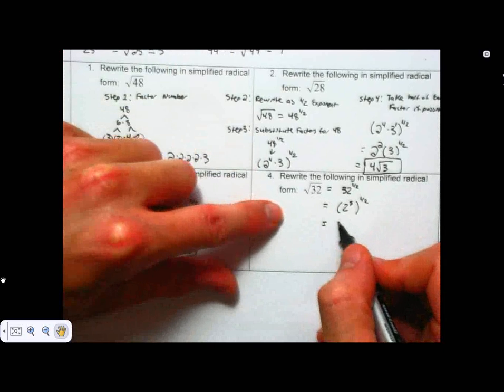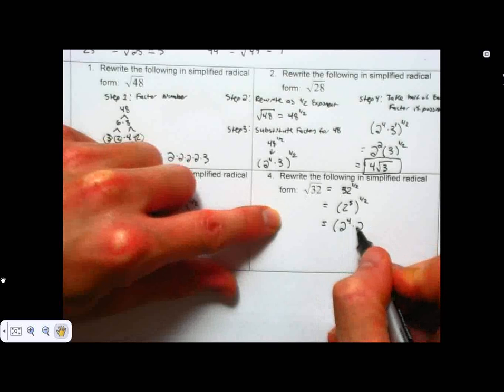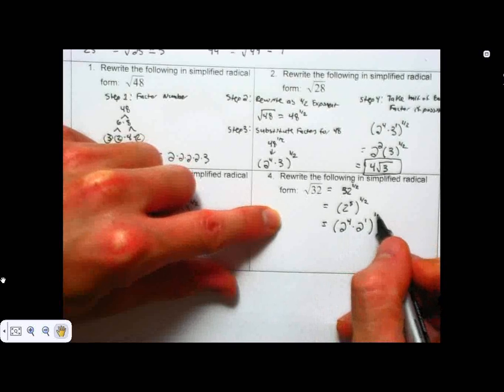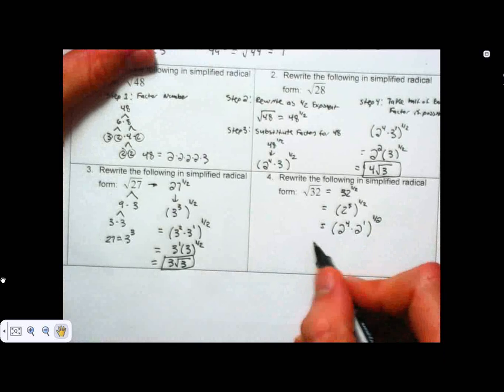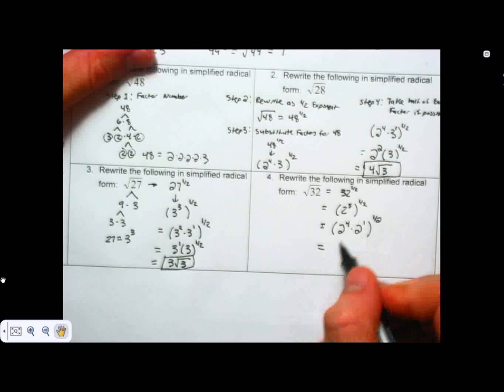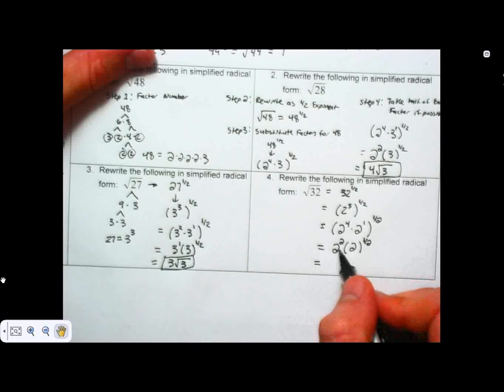So what I'm going to have to do is that same trick I used in number 3 and write 2 to the 5th as 2 to the 4th times 2 to the 1st. I can take half of 4. Half of 4 is 2, so that means I'm going to be left with 2 factors of 2, and then this 2 is stuck because I can't take half of its factors. So what I'm left with is 4 square root of 2.